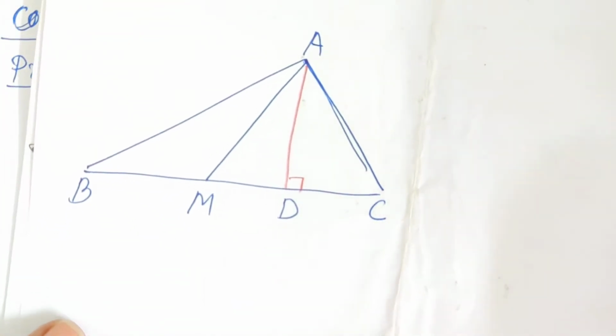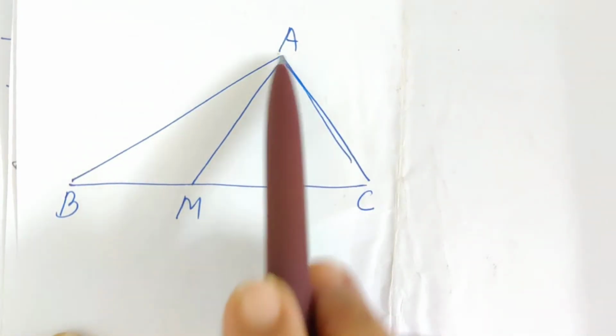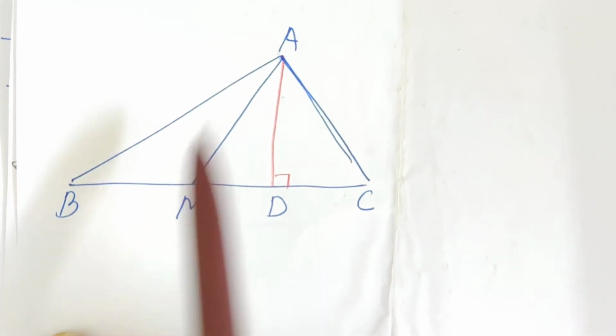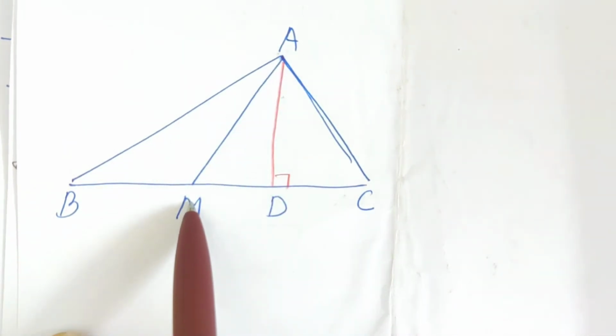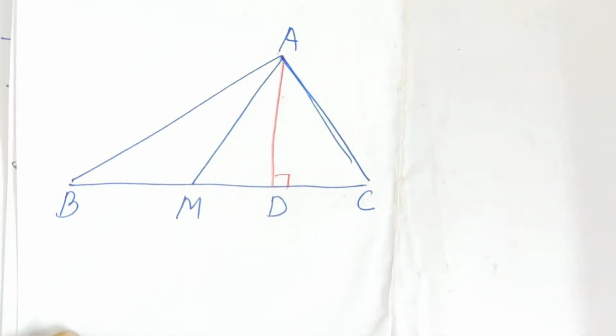See here, I am showing you the diagram on another page. Segment AM is not perpendicular to BC. It is just a median because M is the midpoint.